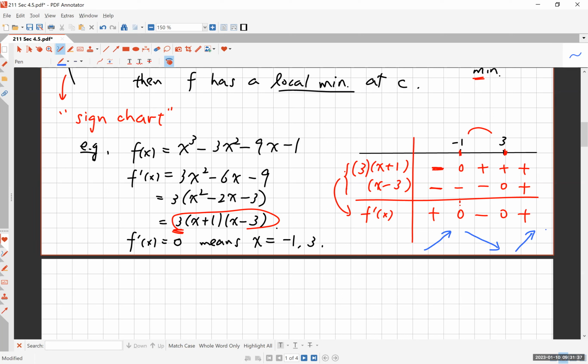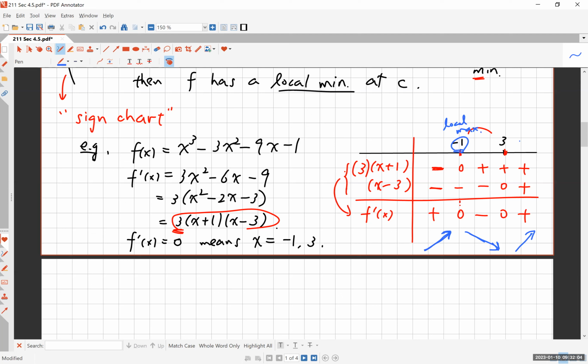Now we can apply the first derivative test. You see how that can be done? Because at this point, all right, at negative 1, the function goes from increasing to decreasing. In other words, the derivative goes from positive to negative, where negative 1 is a critical point where the derivative is 0. This has to be a local maximum.